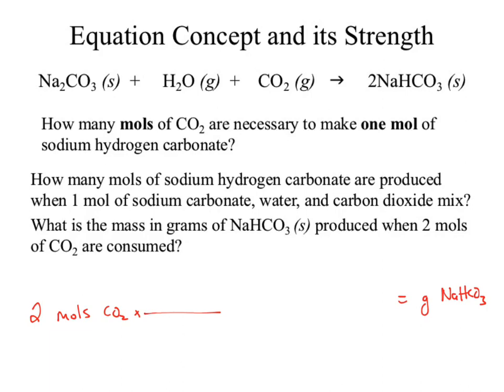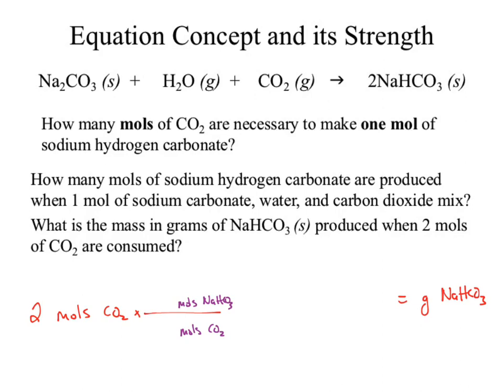So, what unit needs to show up on the bottom? Half right. Moles of CO2. What unit needs to show up on top? Moles of sodium hydrogen carbonate. Where's that conversion factor found? That is not found in the periodic table because the periodic table gives you weight or mass.